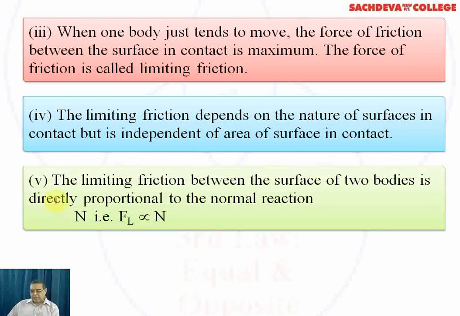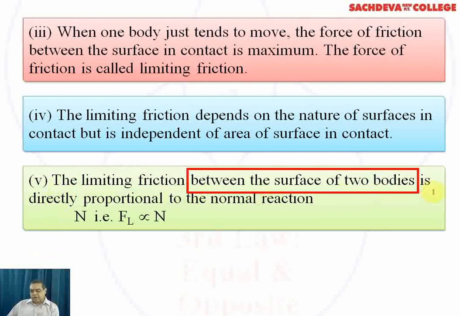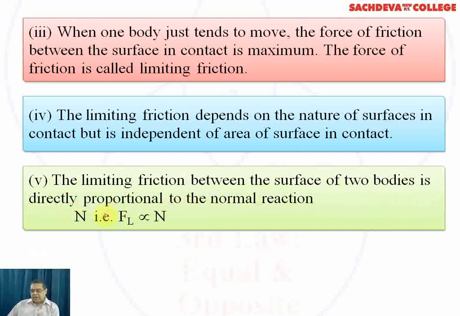Now the fifth point is that the limiting friction between the surfaces of the two bodies is directly proportional to the normal reaction. To understand this fact, we just take a surface and on that surface we place a cubical body or a body in the form of a cuboid, and N will be the normal reaction of the surface.